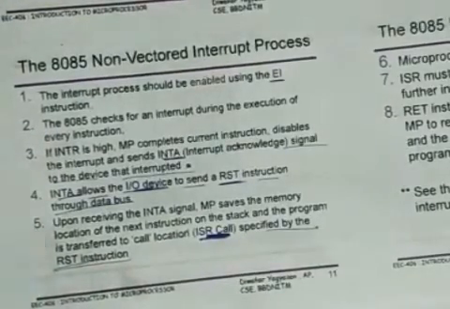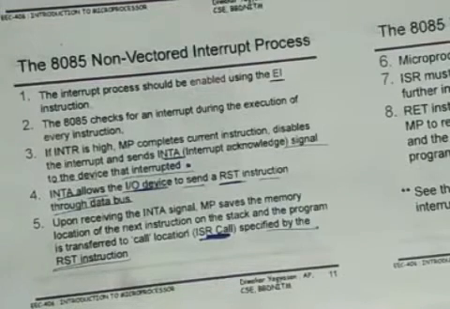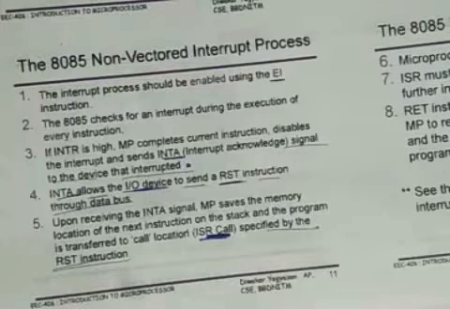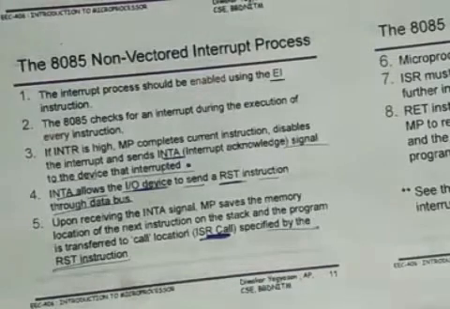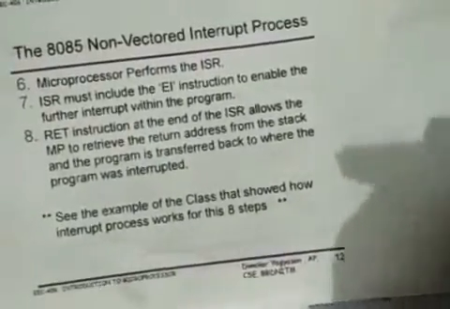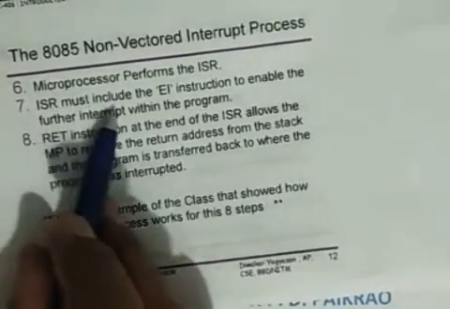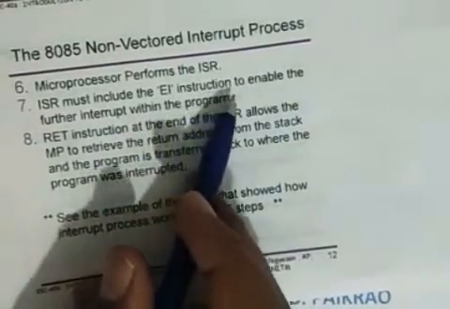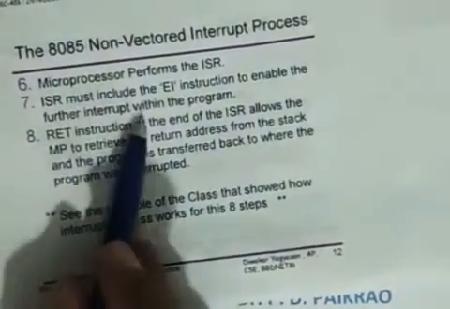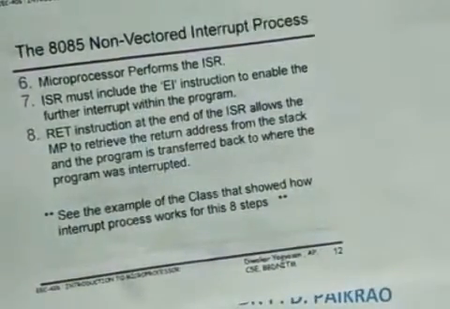So we have a total of 3 vectored interrupts, RST 5.5, 6.5, 7.5. Now the microprocessor performs that particular interrupt service routine, and this ISR must include the EI instruction to enable further interrupts within the program.